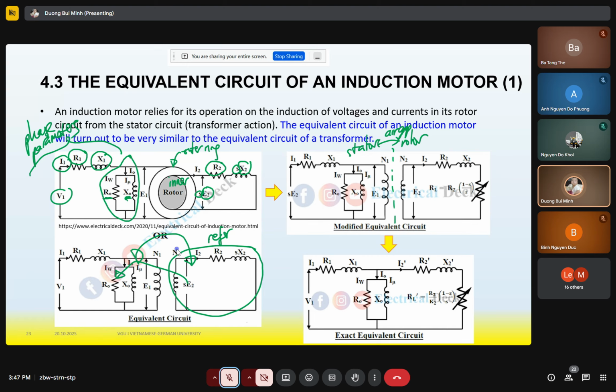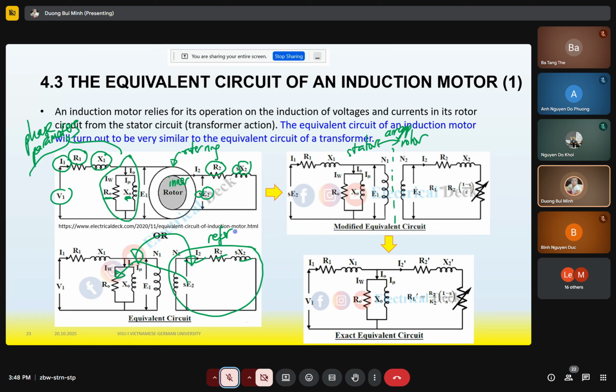For the transformer, if we would like to get the equivalent circuit, we need to refer the secondary parameters back to the primary side. Similarly, this is the rotor. We have rotor current, rotor resistance, rotor reactance.